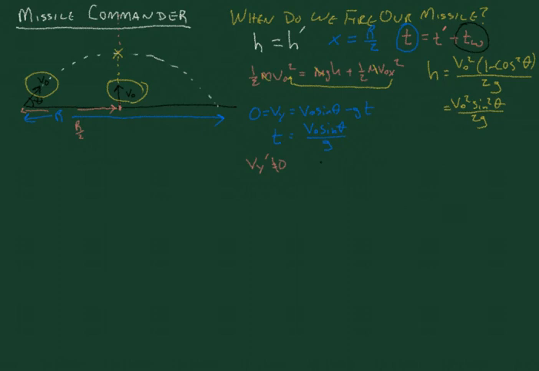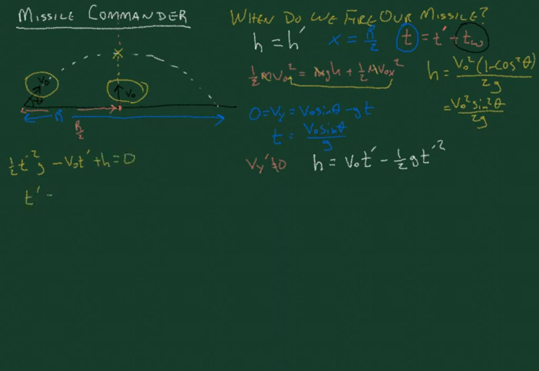Okay, and so to do that, we know that h is going to be v0t minus v0t prime minus 1/2 g t prime squared. Okay, and so rearranging, we have that 1/2 g t prime squared minus v0 t prime plus h is equal to 0.